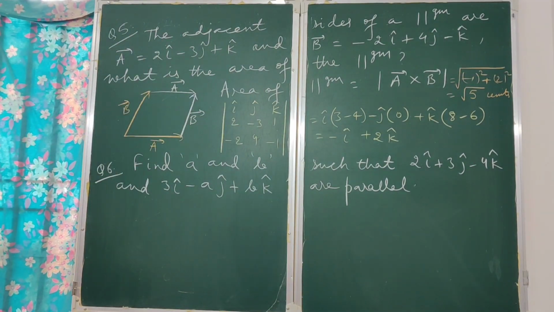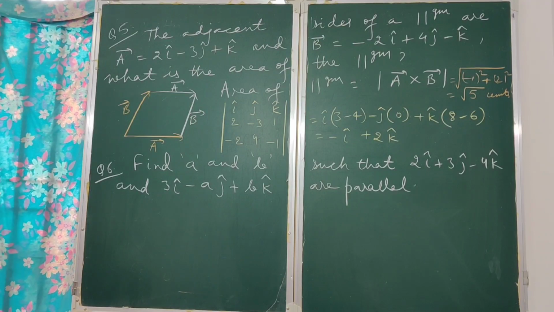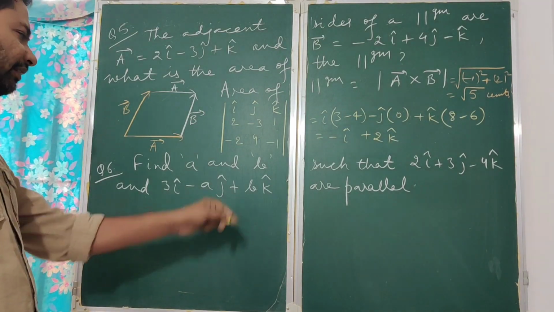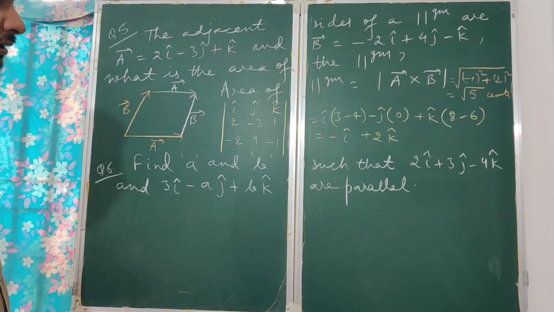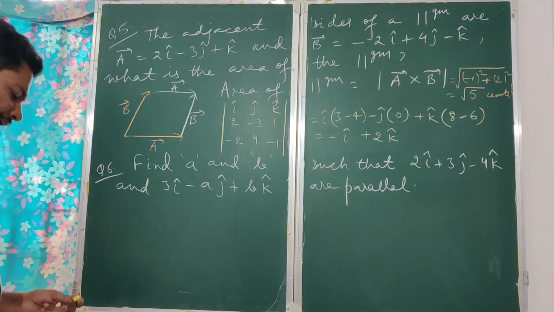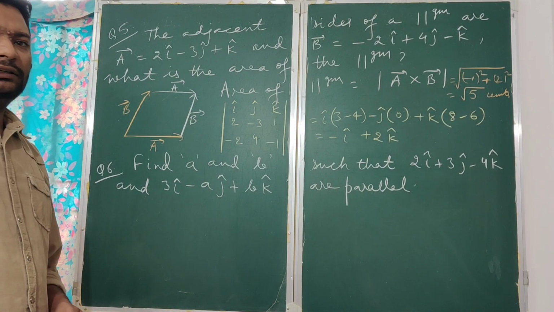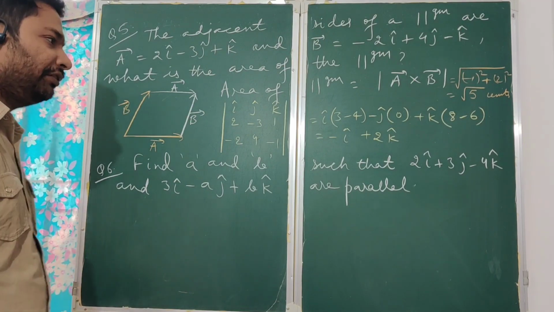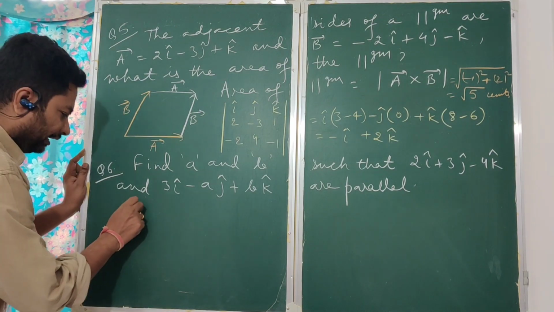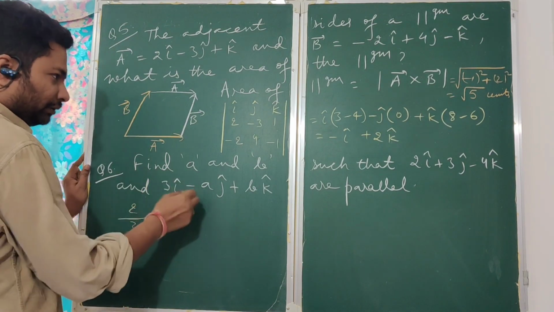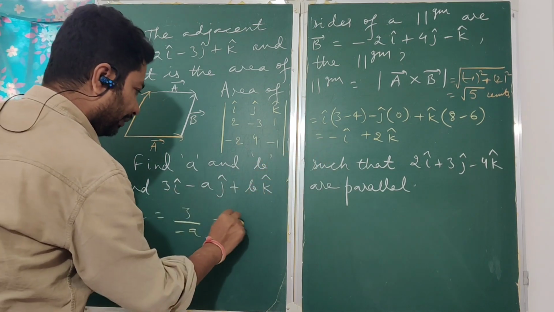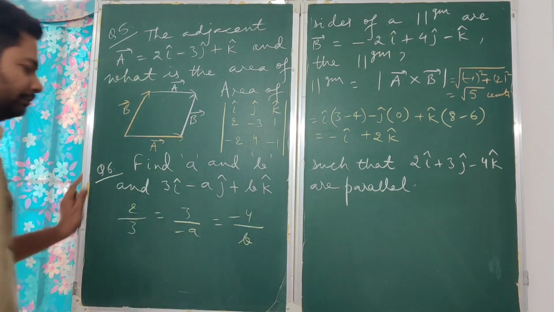Next question. Find a and b such that 2i cap plus 3j cap minus 4k cap and 3i minus aj plus bk are parallel. So if two vectors are parallel to each other, then the ratio of coefficients of i cap, j cap and k cap is equal. What it means is that I can write 2 by 3 is equal to 3 by minus a, and that should be equal to minus 4 by b.